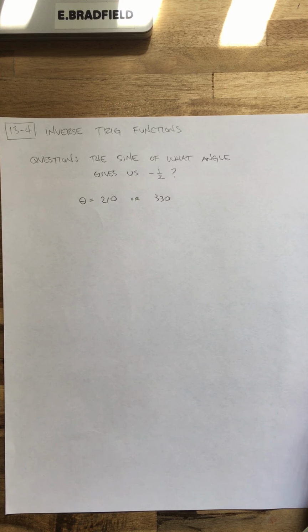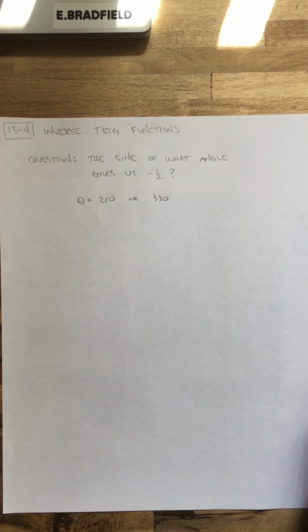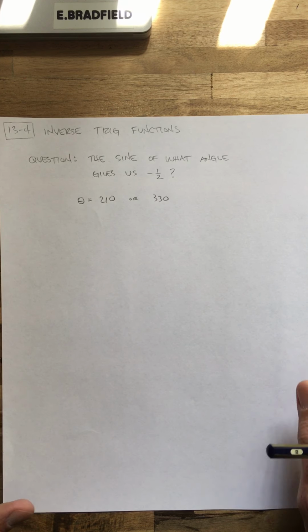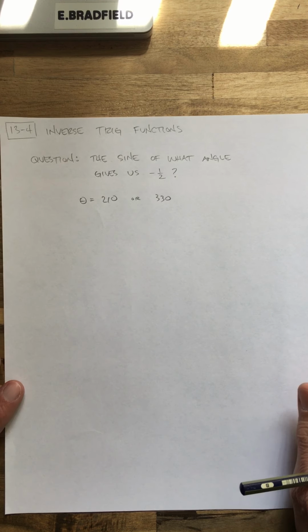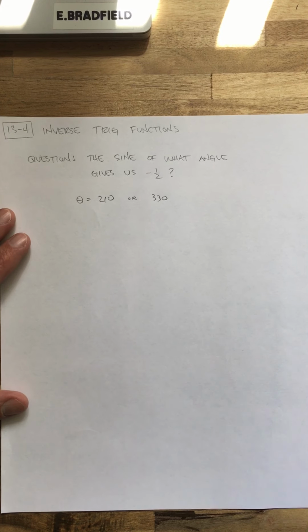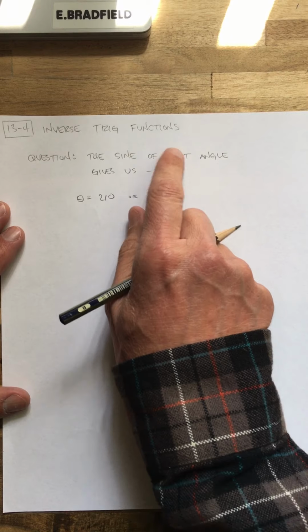They're all correct answers, but they're actually not really what we want, and I'll explain this in a second. So here's the deal. This is how we're going to say this.